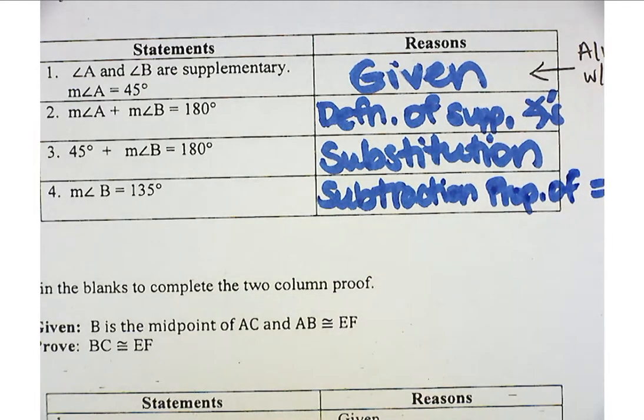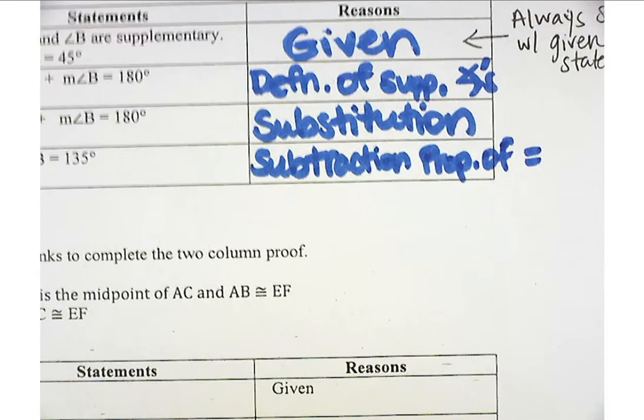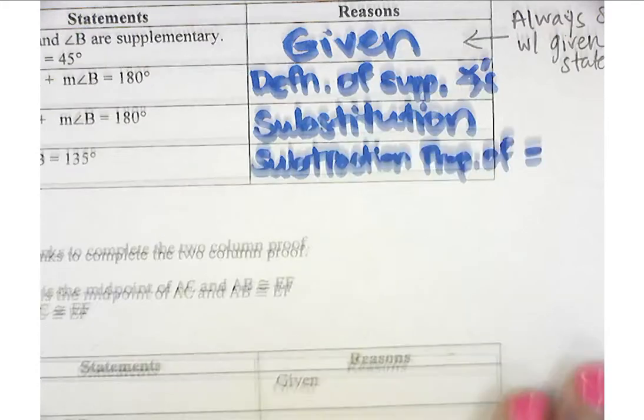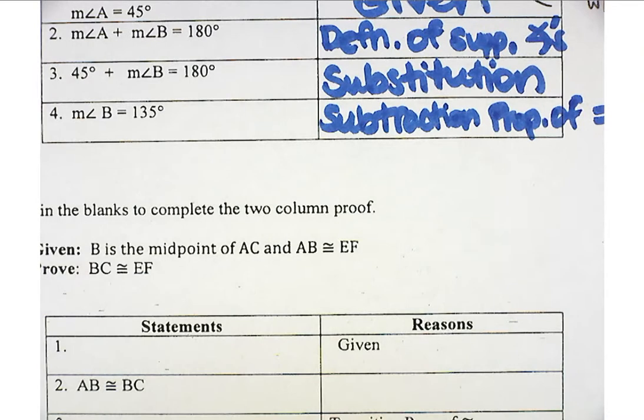And you can just put of and then the equals. Okay, you do want to write out subtraction instead of just writing sub, because sub could also be what? Substitution, could be subdivision. Okay.